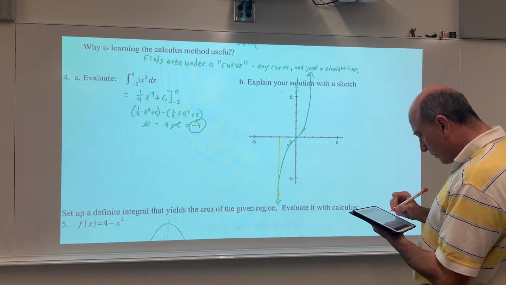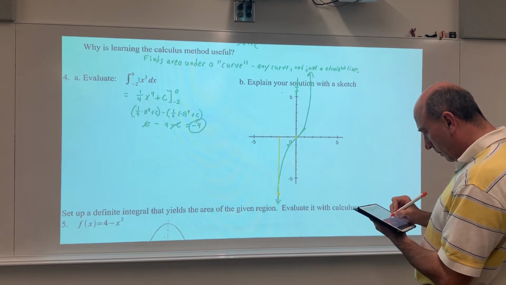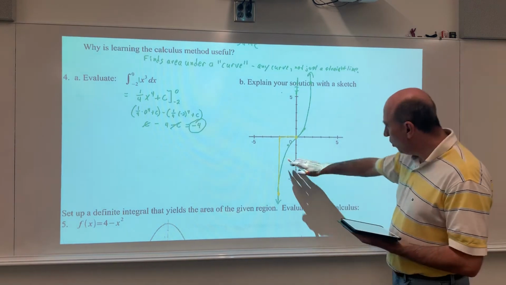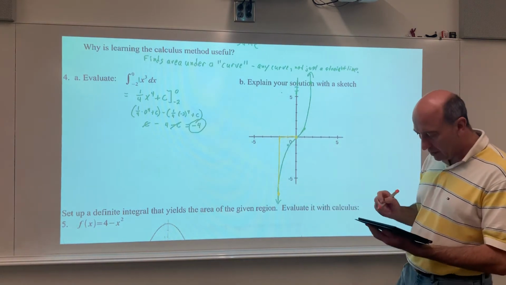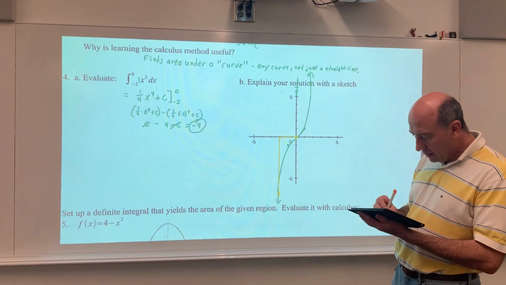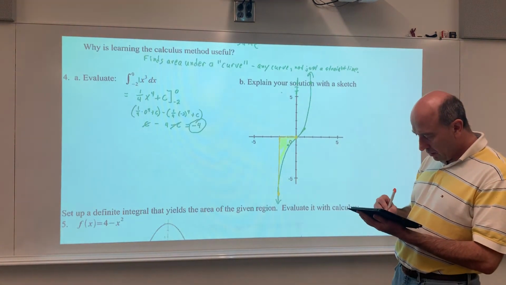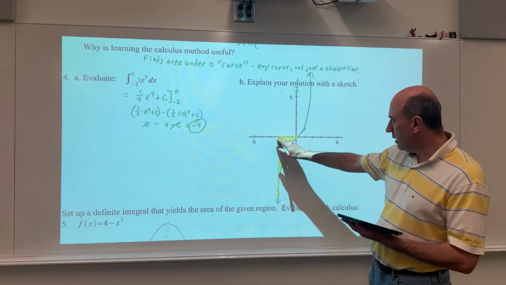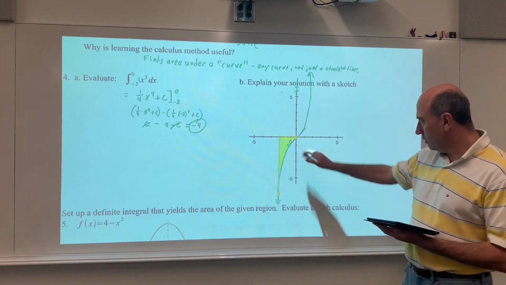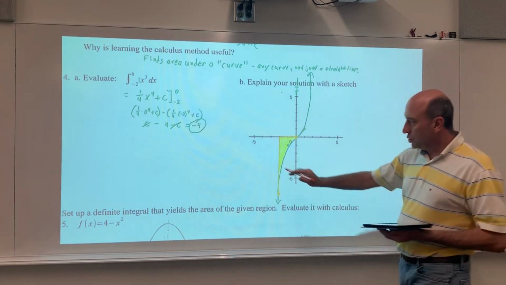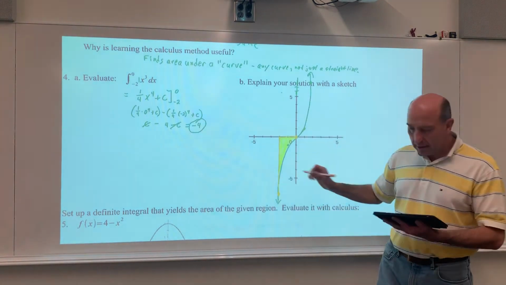So that's -2 to 0. So the area between the curve and the x-axis, that is here. From -2, smaller, to 0, larger.